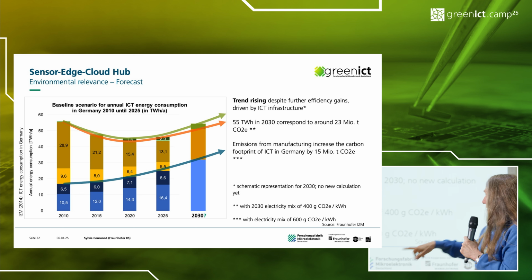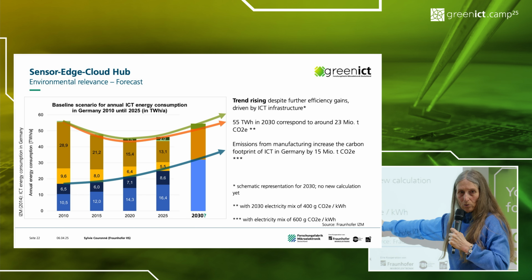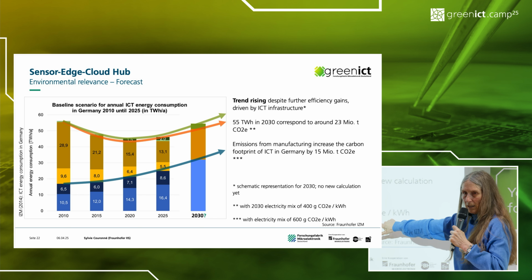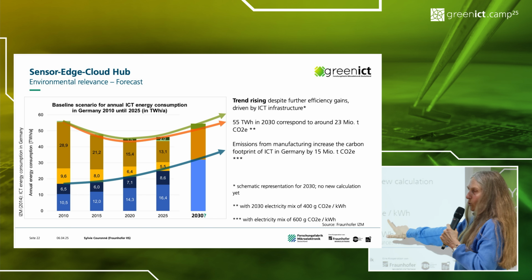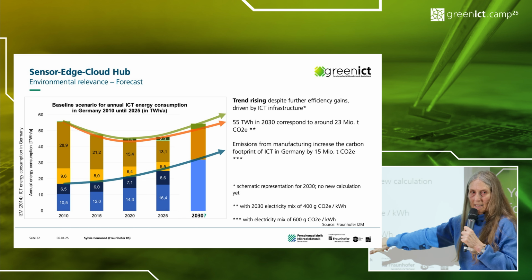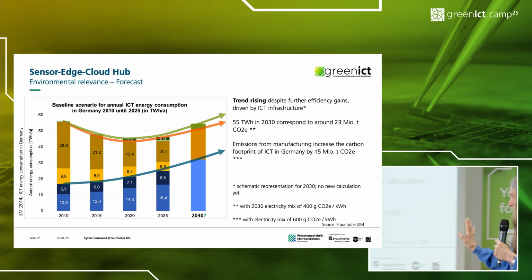We speak about an energy mix, which in Germany is about 400 grams CO2 equivalent per kilowatt hour today. That is higher in most of the places where ICT is produced. Just to explain.